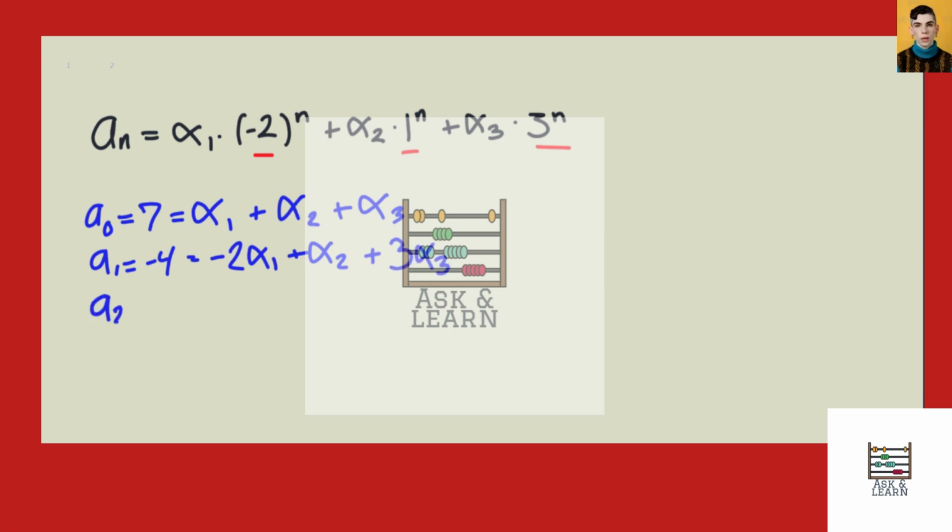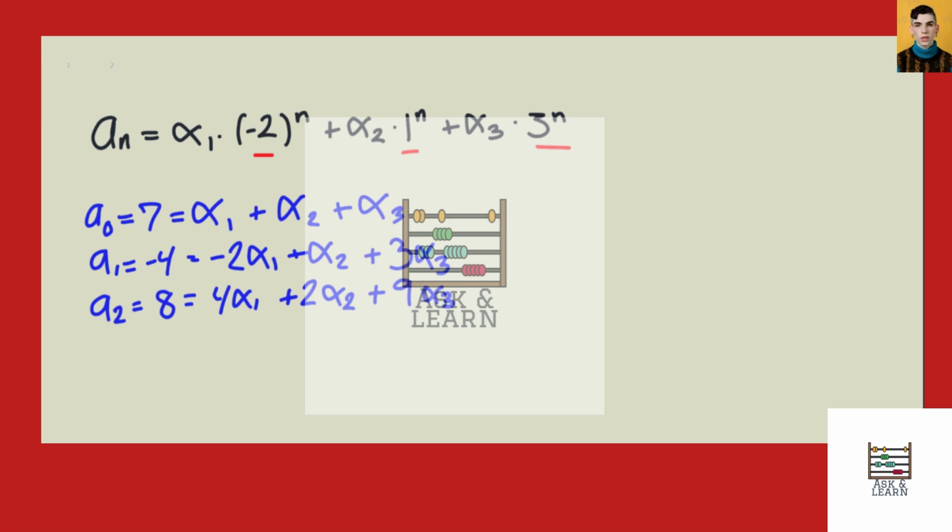And lastly, a_2, which is equal to 8, is going to be 4 times alpha 1 plus 2 times alpha 2 plus 9 alpha 3. So now we just have this system of equations to solve.